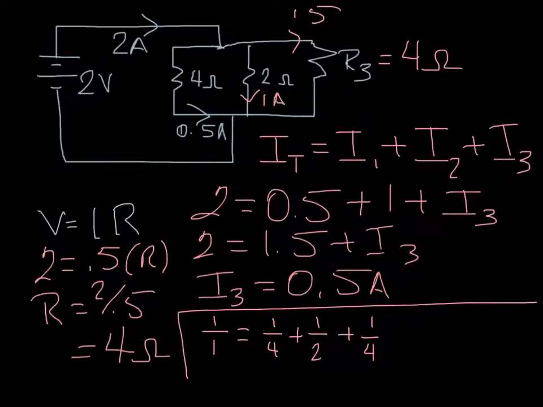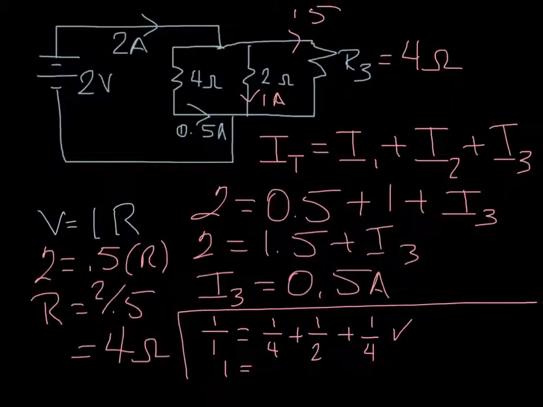So to double check ourselves, we know 1 over RT, which is 1 over 1, is 1. And that has to equal 1 over the first resistor, which is 4, plus 1 over the second resistor, which is 2, plus 1 over the third resistor, which is 4. If that statement is correct, then our circuit is correct.